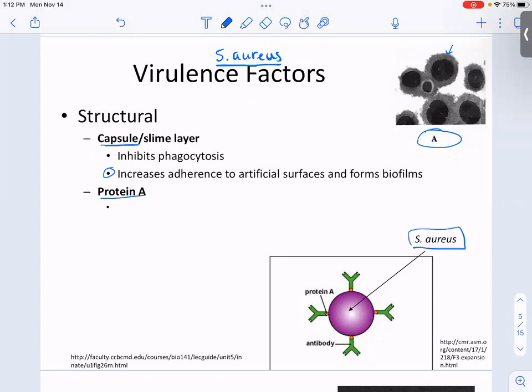So here's a Staph aureus cell, and sometimes it has protein A all on the surface of the cell. And what that protein does is that it binds the Fc portion of antibodies.